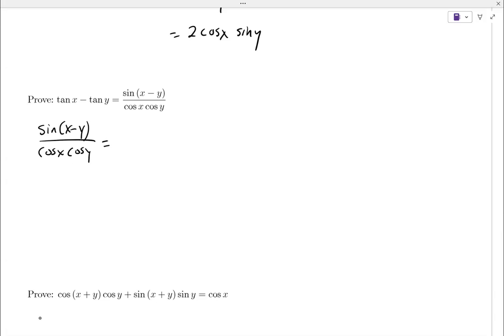All right, what can we replace sine of x minus y with? Sine of x cosine y minus sine y cosine x. Okay. Well, notice that we're trying to get to the left-hand side.